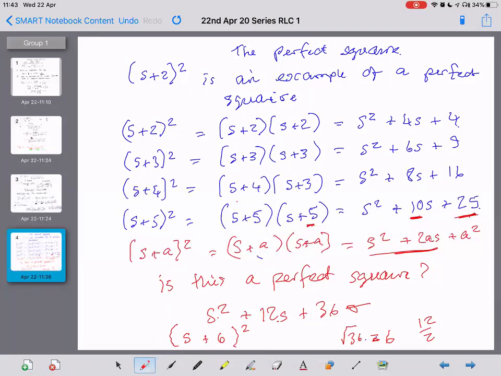Going from that to a perfect square is the process of halving this number and square rooting that number to get this 6 in here. Everybody okay with that? Right.